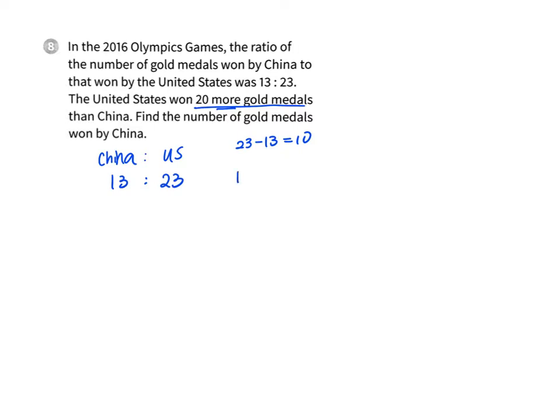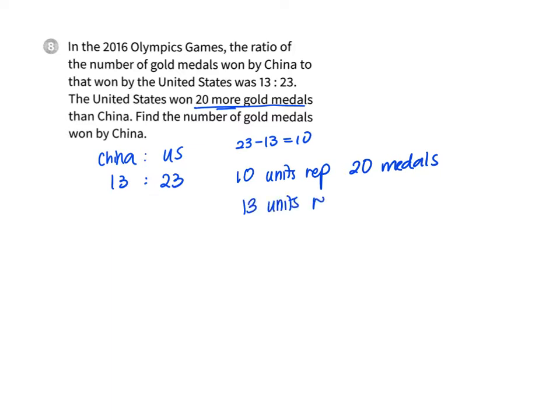So I know that 10 units represent, please do not put the equal sign, they are not equal. This over here has no units, whereas the other one is the number of medals. So 10 units represent 20 medals. Right, and then find the number of gold medals won by China. So now I want 13 units.